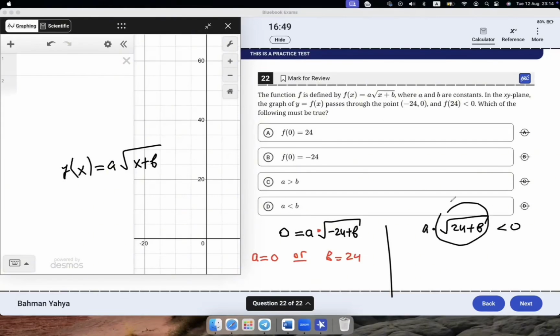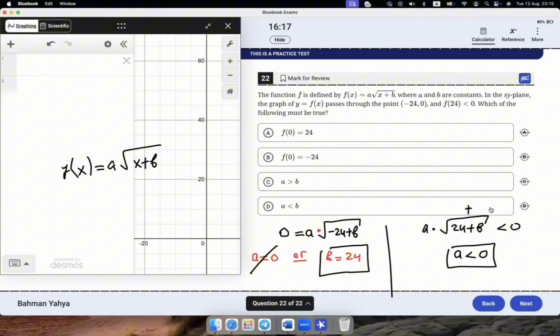Square root of something is either 0, which is not possible here because it's not equal to 0, or greater than 0. So if this one is positive and product is negative, that means a is less than 0. If a is less than 0, it means that one is not true, right? A is not 0, but b is 24. D is greater than a.